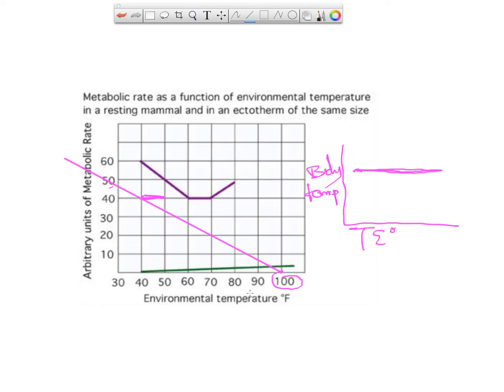But that's okay, because I know what the relationship is. I know I've gone from 100 to 40, so I know something over 60 is going to be my new rate. And let's see, how much have I gone down? From 40 to 0. So that's 40. So the new cost of staying warm here is going to be 2/3 of an MRU per degree.